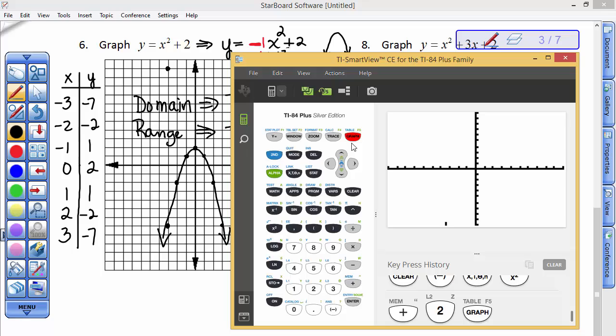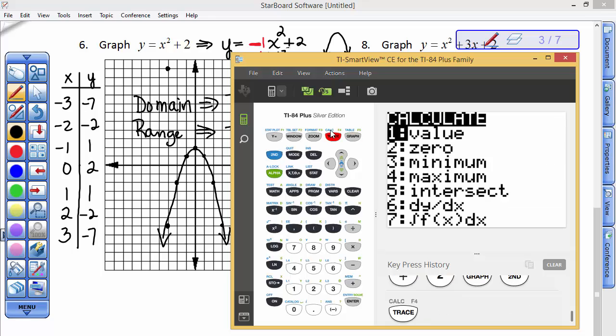If I want to know what that point is, the maximum value for y, I can, and you could replay this video to learn this because we'll be doing it a few more times. If I go second calc, see above this trace key is the word calc, this particular parabola opens downward, so it's got a maximum point. So I'm going to select the number 4 right now.